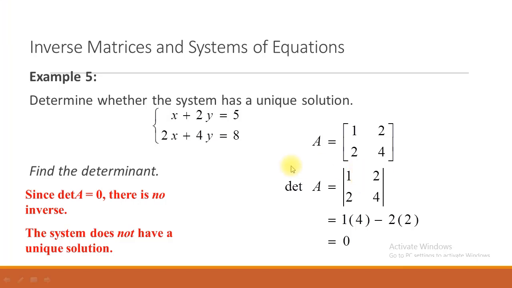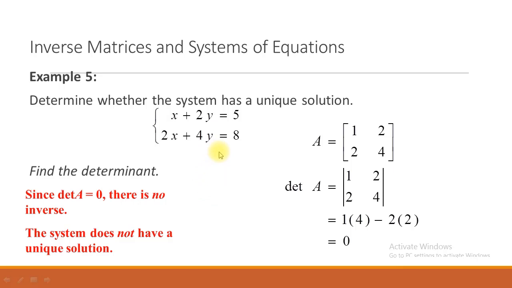So when the determinant of the coefficient matrix is 0, it does not mean that the system has no solution. It means that we cannot find the inverse of the coefficient matrix, so the system does not have a unique solution here.